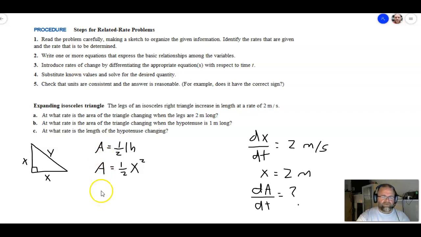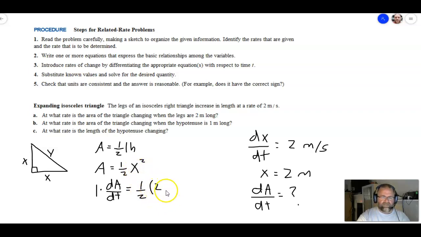So first thing, the derivative of A is just going to be 1. But since we took something that is not time, we also have to multiply that by dA over dt. Remember, this is equal to 1/2. And now we're going to take the derivative of x with respect to time.